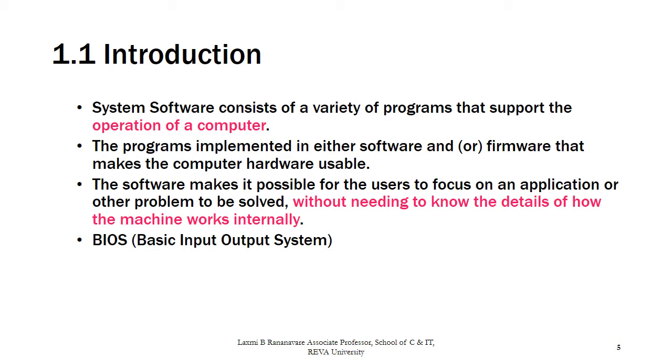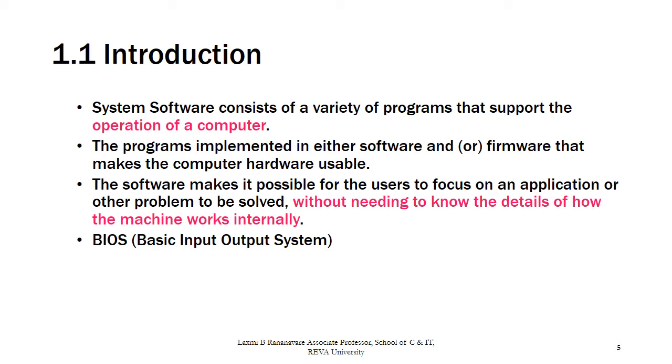He has to only focus on the application or the problem which is to be solved. For that the system software helps the user. So the user need not bother about how the machine is working with respect to his program.